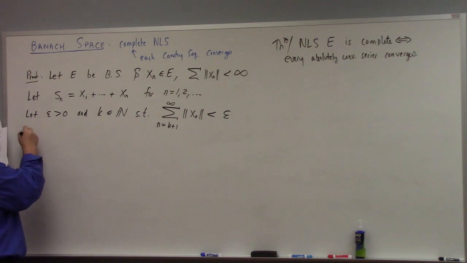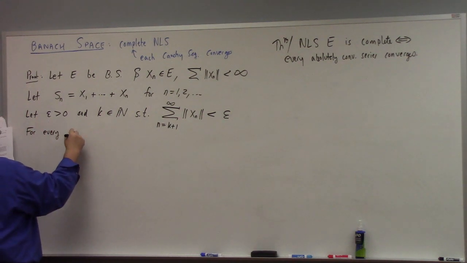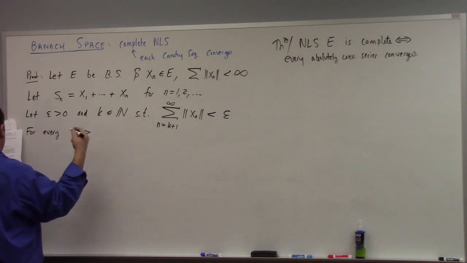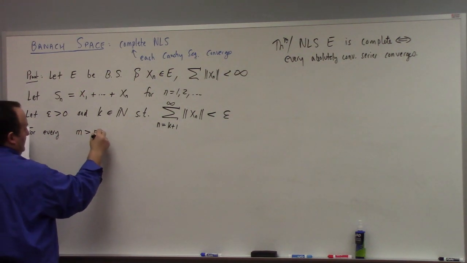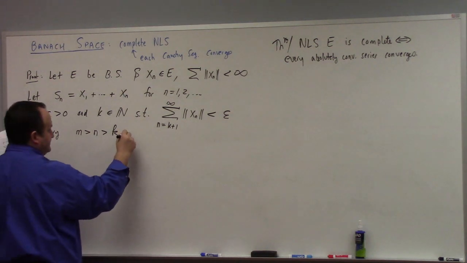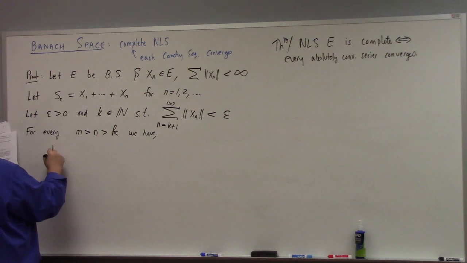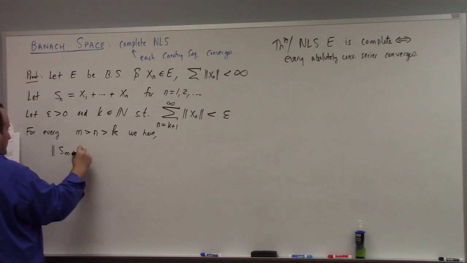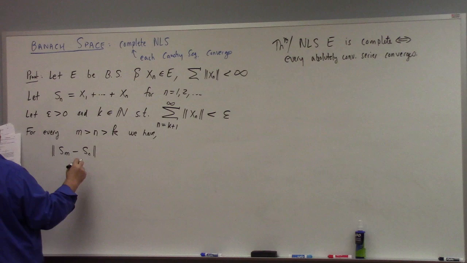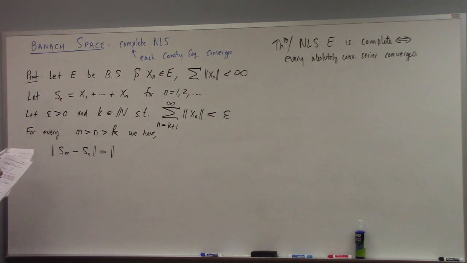He says, okay, so then for every m and n, and without loss of generality, m greater than n greater than k, we have the norm of S_m minus S_n, which is going to be what? There's a cancellation, right?